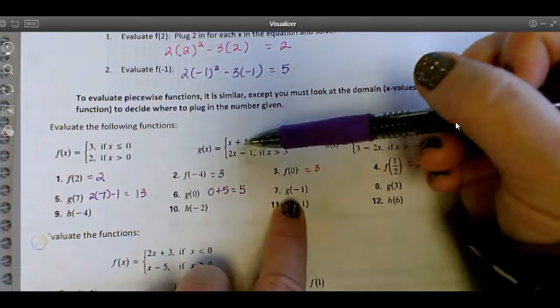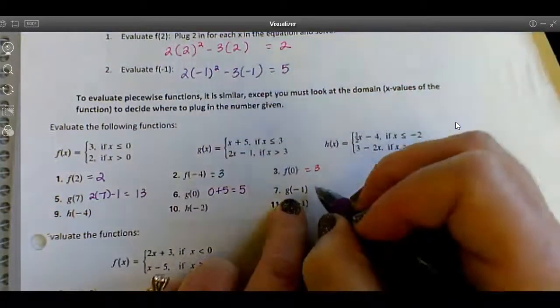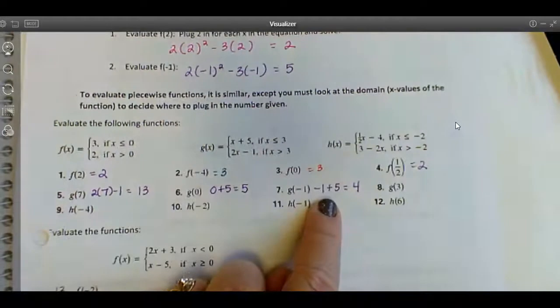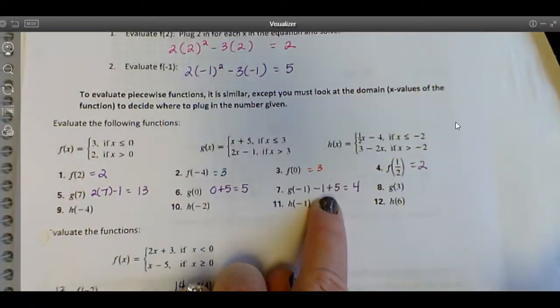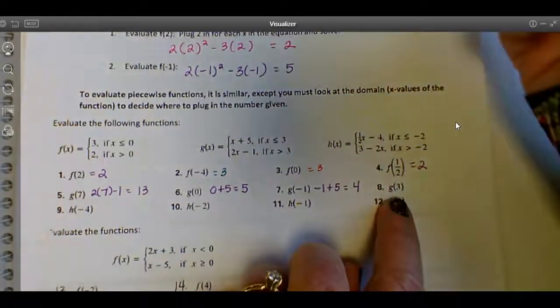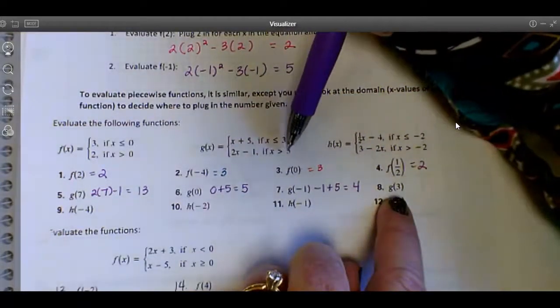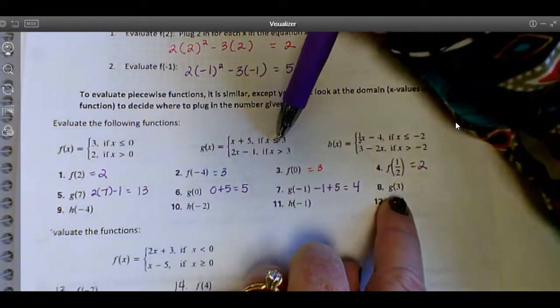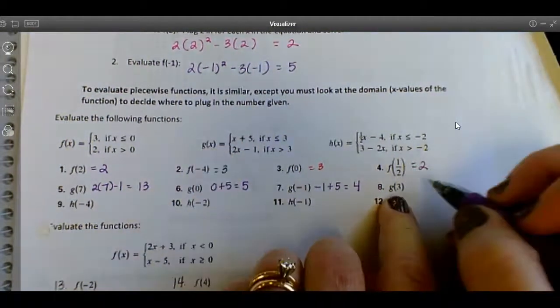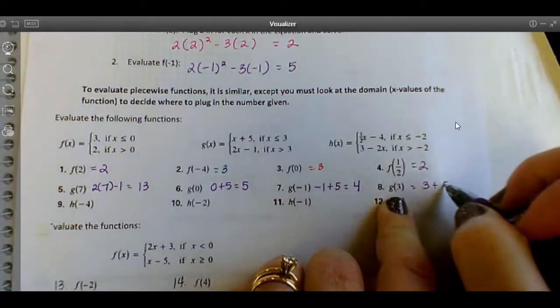So again, I think we're looking at that very first one. So we'll have negative 1 plus 5. We just evaluate that and get 4. Next it says g of 3. So 3 is here because that's where the equals is. So again, we're still working at that first one. Plug in 3 for x, so we get 3 plus 5.